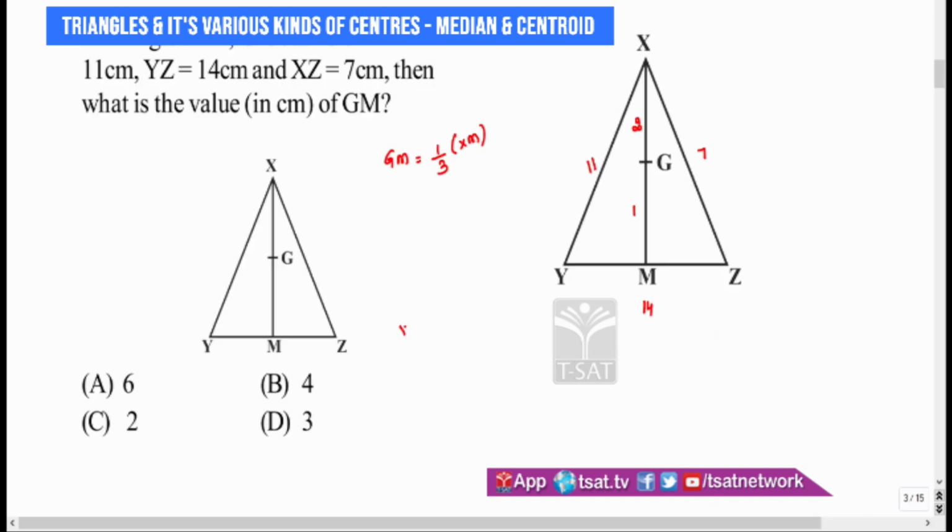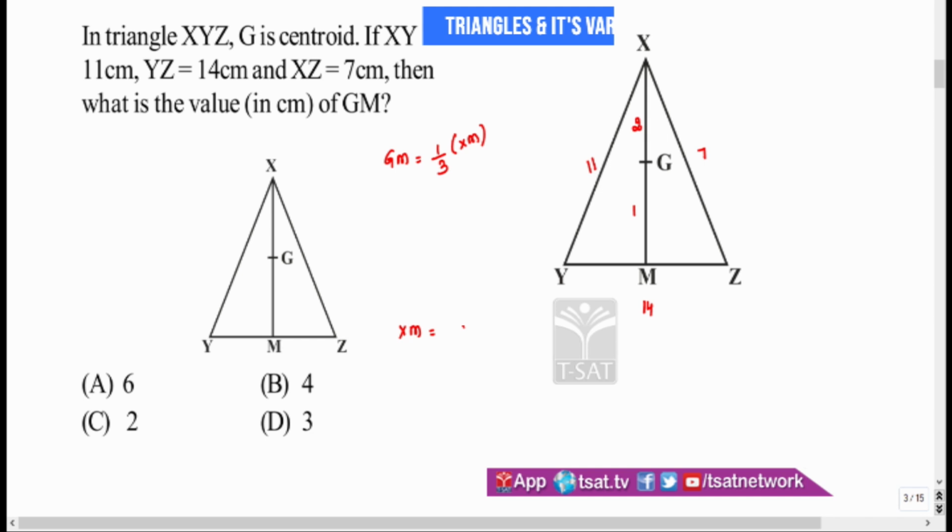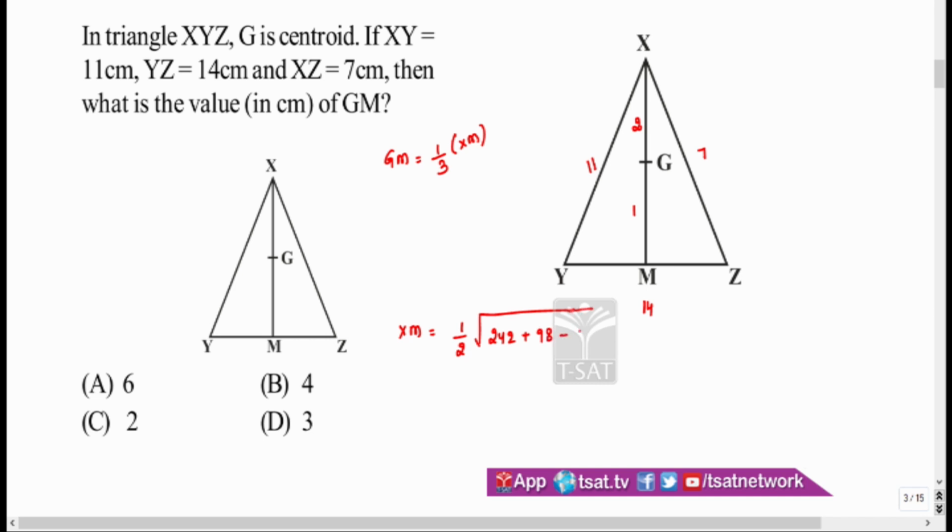XM is a median, which is half of the square root of 2 into 11 square, that is 242, plus 2 into 7 square, that is 98, 2 into 49, minus 14 square, 196.